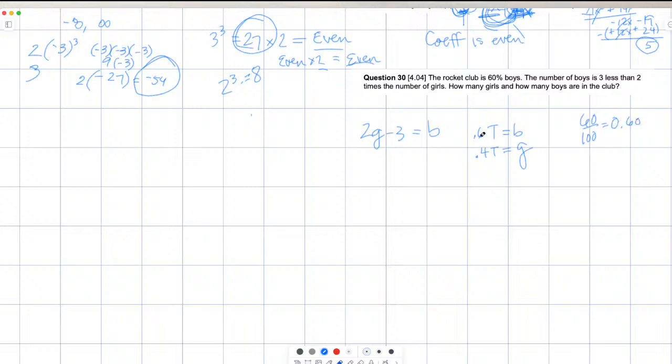So 0.6, 60% of the total, this is the total kids, are boys. 40% of the total are girls.